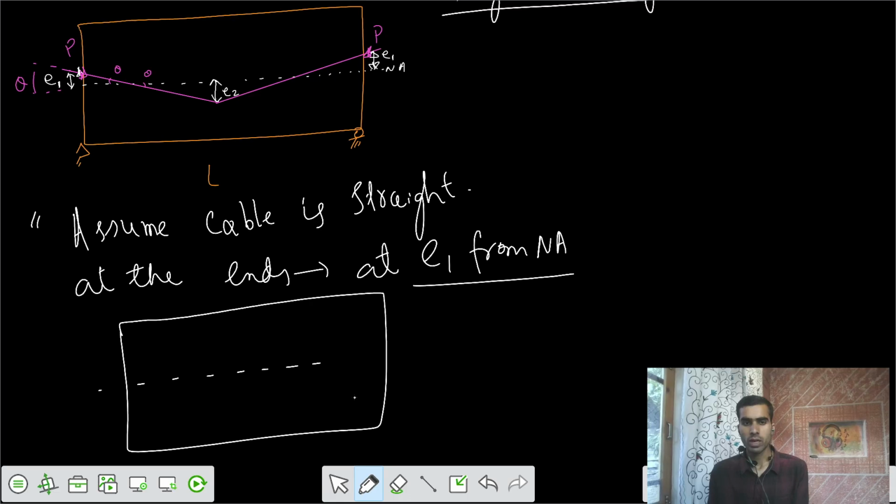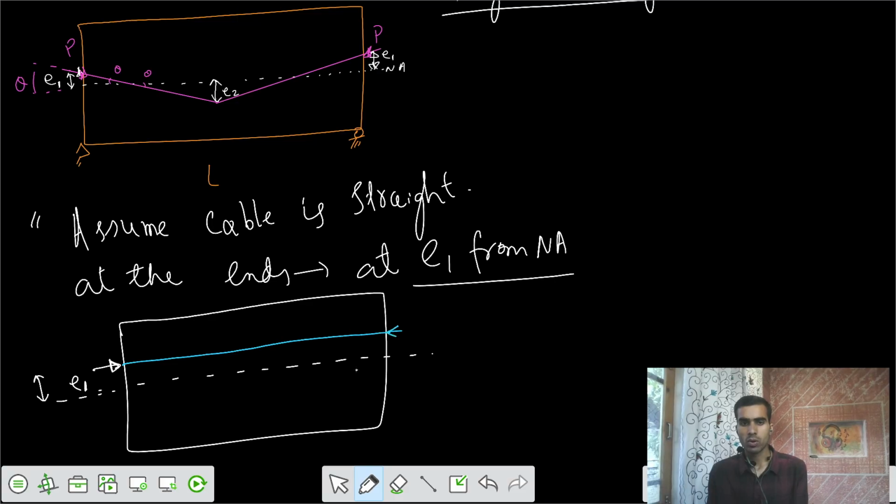If this was your neutral axis, the cable was at the ends at some eccentricity of E1 above the neutral axis, and I have to assume that the cable is straight from that point and remains straight throughout the length.